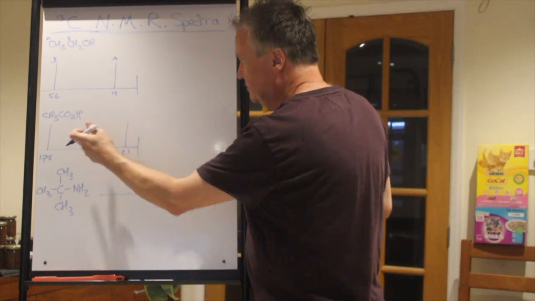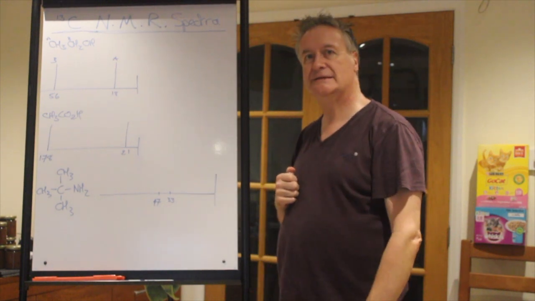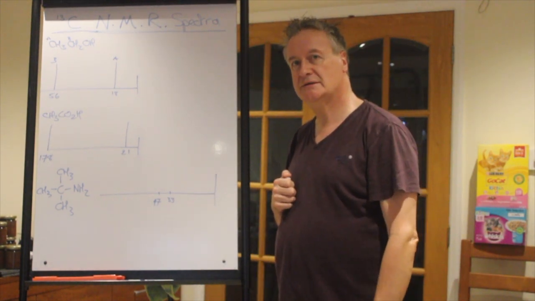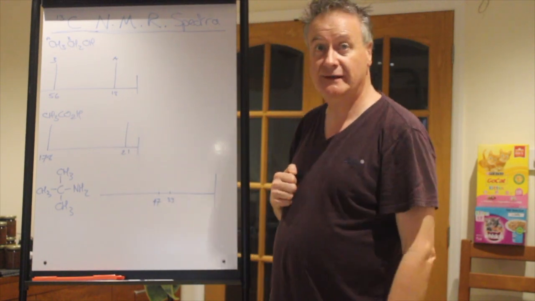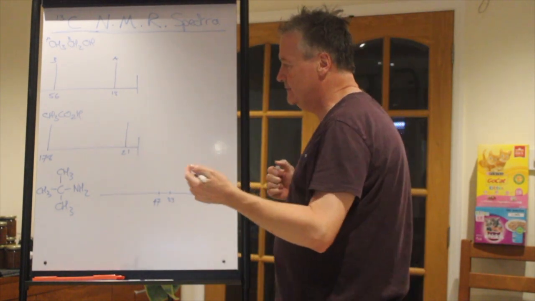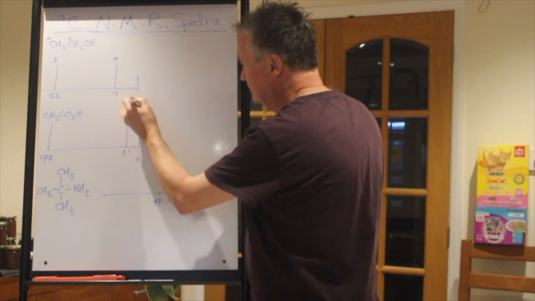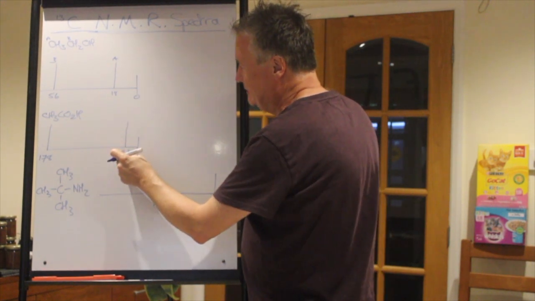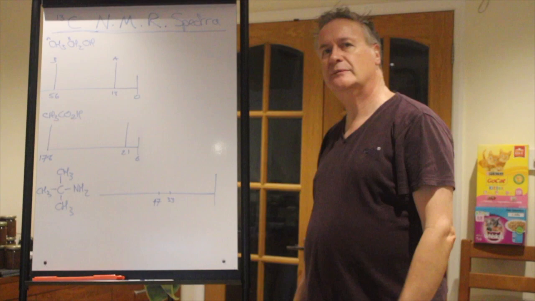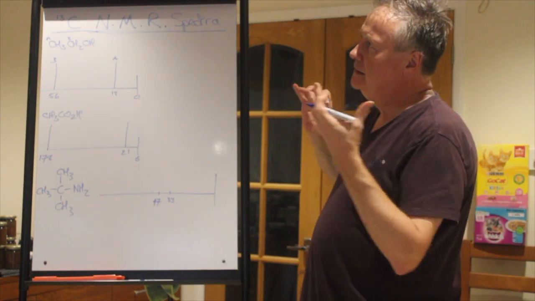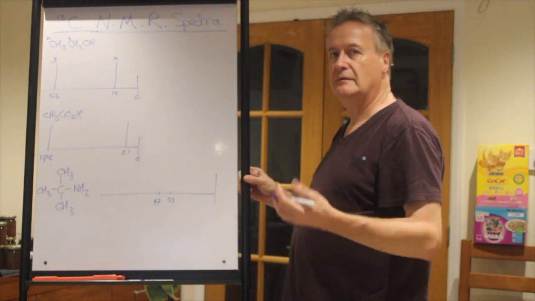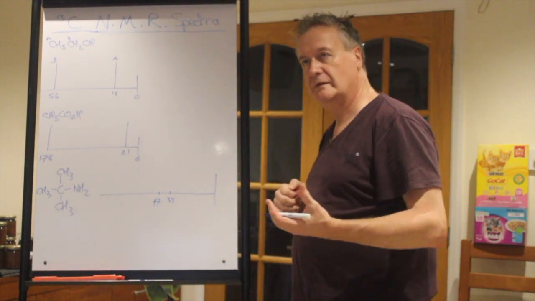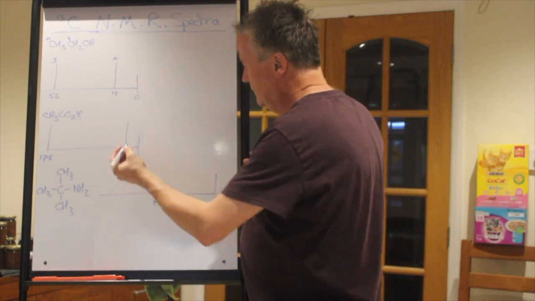This again, 2 peaks in the ethanoic acid, same height because there's only 1 carbon in each environment. Not marking the TMS off anymore, but you need to remember that the 0 marker is TMS. Now which one will be that? Well, when you look in that data booklet, it says there's the alkyl group.